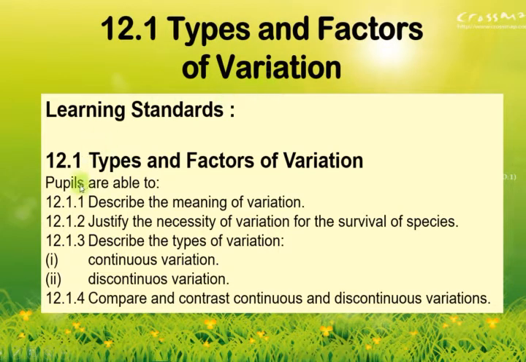The learning standards: you are able to describe the meaning of variation. Number 2, justify the necessity of variation for the survival of a species. Number 3, describe the types of variation, which are continuous variation and discontinuous variation. And last one, compare and contrast continuous and discontinuous variation.